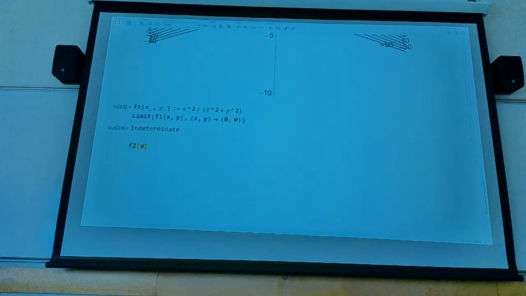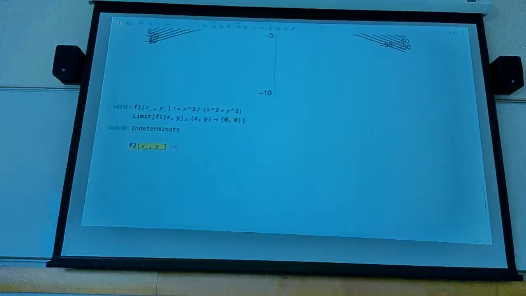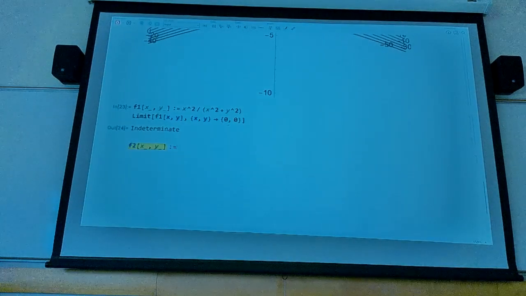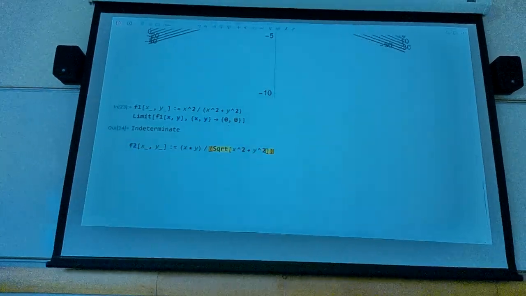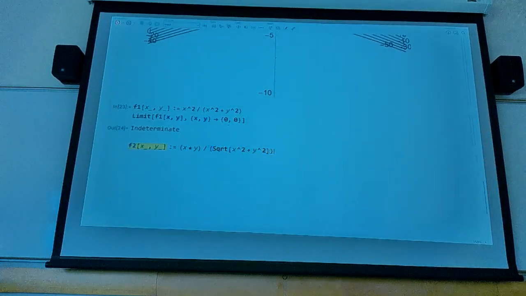What about f2? So this one was x times y divided by... that one.